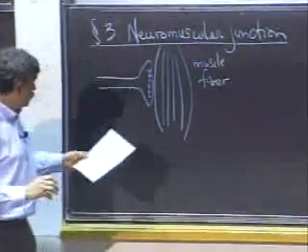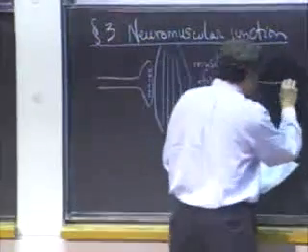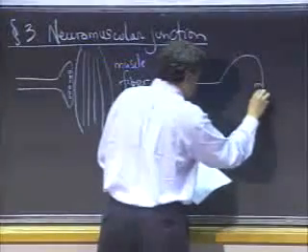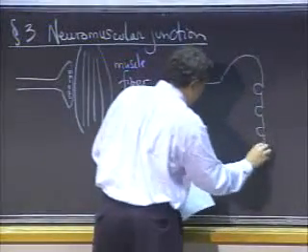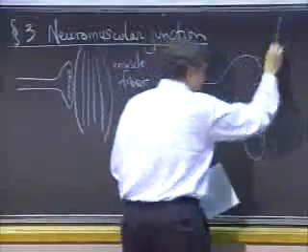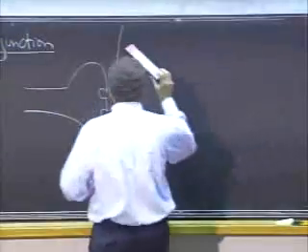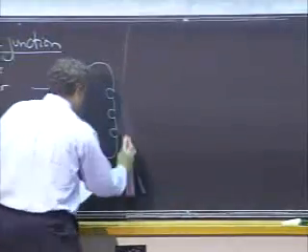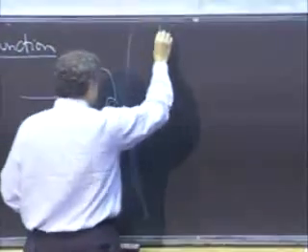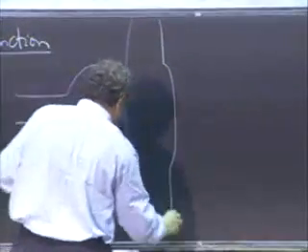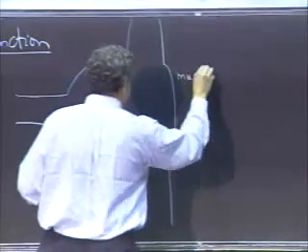So the neurons that innervate muscle fibers, here's the muscle. I'm going to put it at some distance here. Muscle.